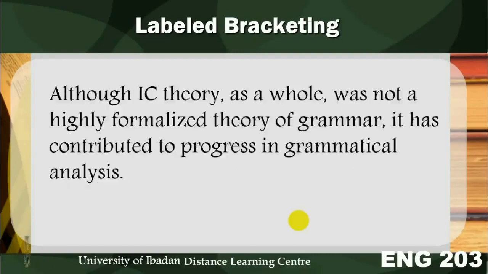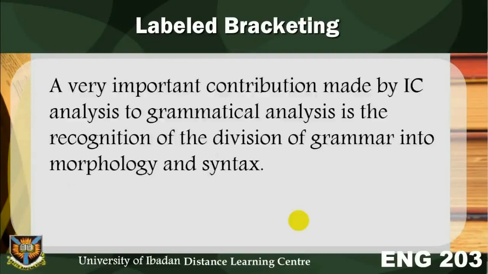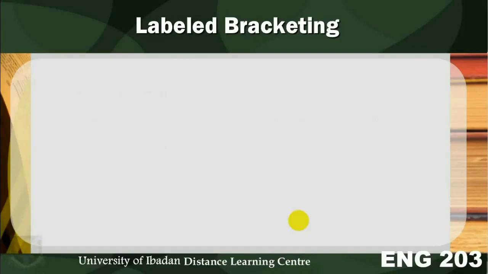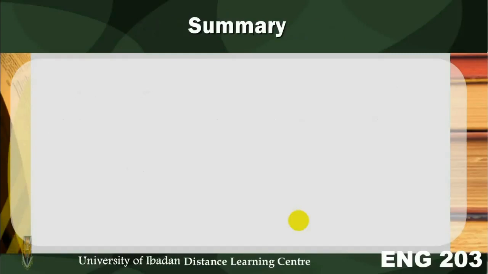Although IC theory, as a whole, was not a highly formalized theory of grammar, it has contributed to progress in grammatical analysis. A very important contribution made by IC analysis to grammatical analysis is the recognition of the division of grammar into morphology and syntax. The notion of constituent is basic in syntactic analysis.